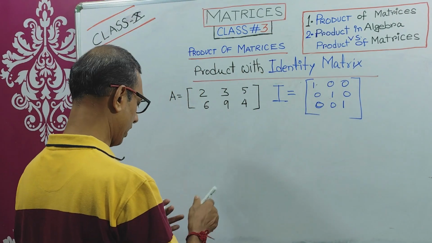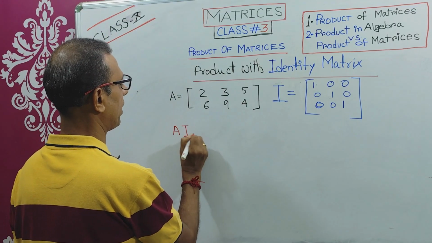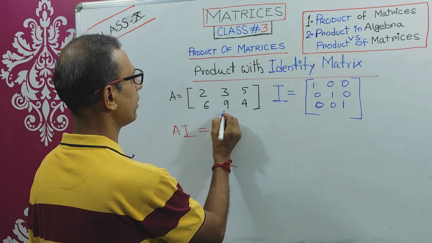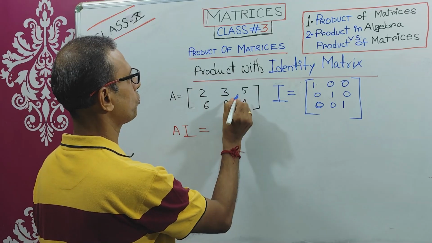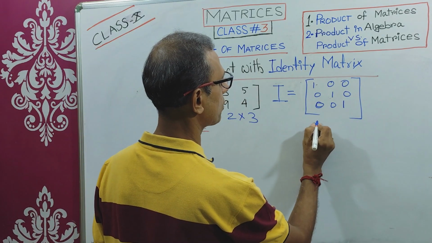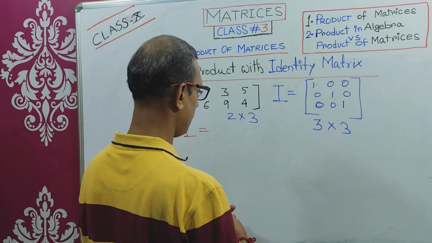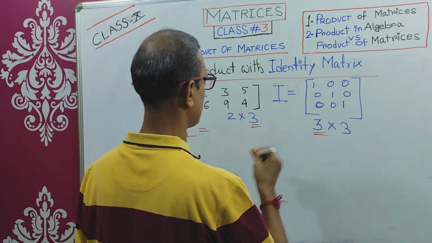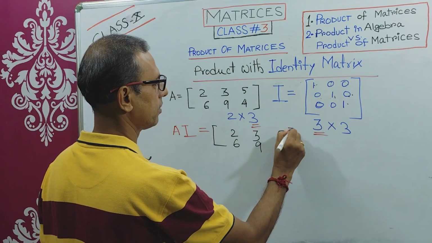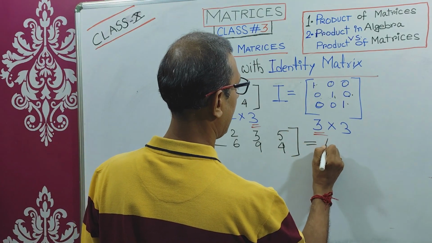If I need to do AI, multiplication of AI, first you need to check the order. It is 2 rows, 3 columns, that means a 2 by 3 matrix. And here it is 3 rows, 3 columns, a 3 by 3 matrix. So the number of columns equals the number of rows. You can multiply, right? Now if you multiply, what will be the result?